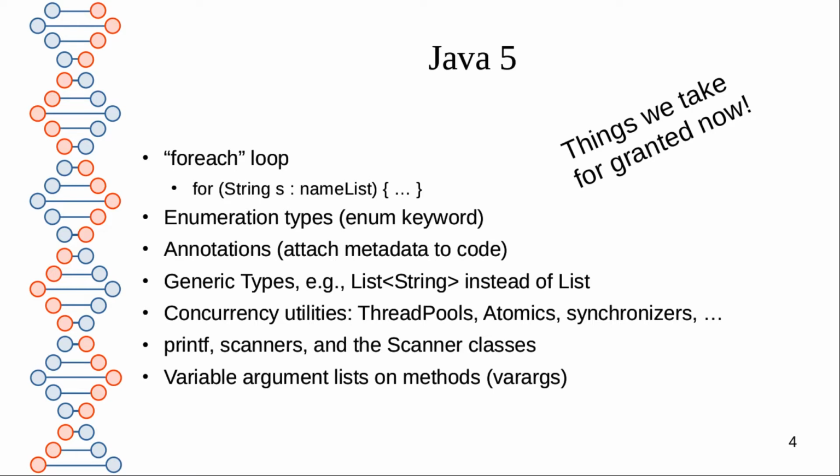That printf was borrowed from the C language, and it works the same way. Scanners and the Scanner class for reading particular input types, and variable argument lists on methods, varargs for short. So those are all things that were introduced in the 2005 timeframe, and that most of us take for granted nowadays. But again, depending on when you started with Java, they may or may not be new to you.